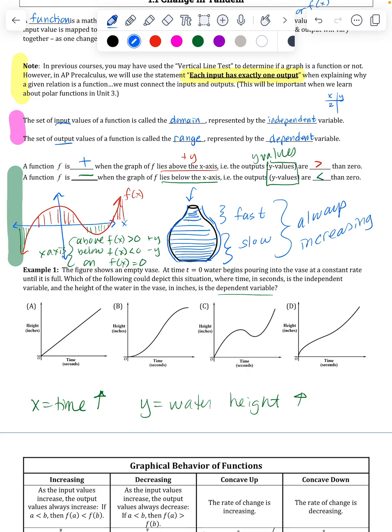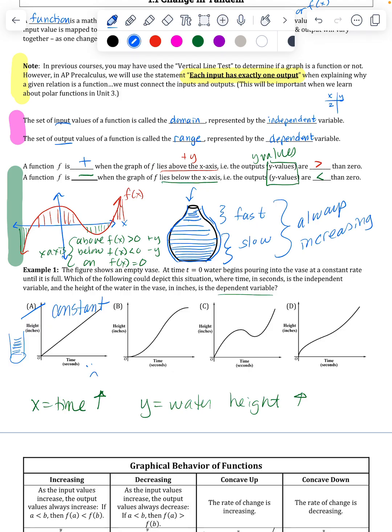So think about what you have. I'm going to rule out A. Why? Because this is showing that it's constant. The only way it's going to be constant is if I had a cylindrical vase. Then the height of the water would increase at a constant rate. That's not what's happening. Sad face.